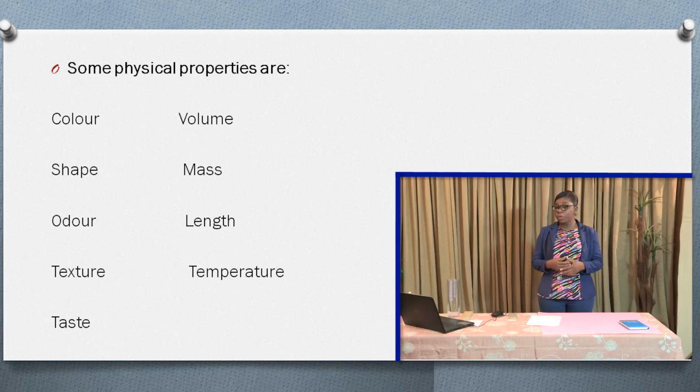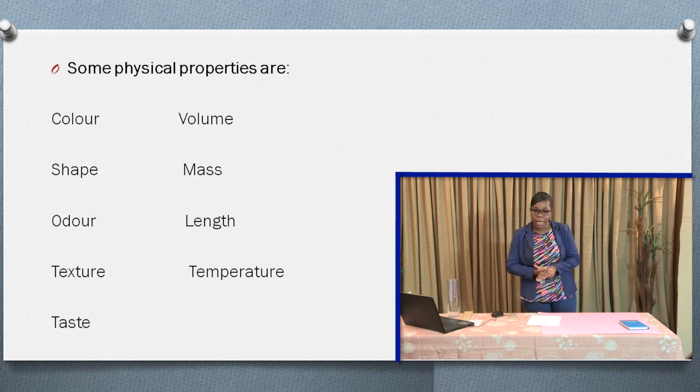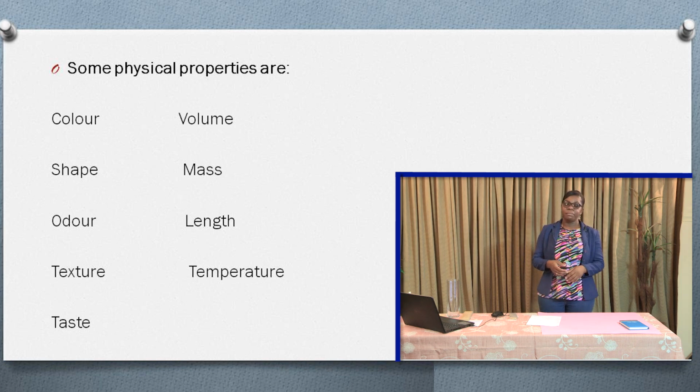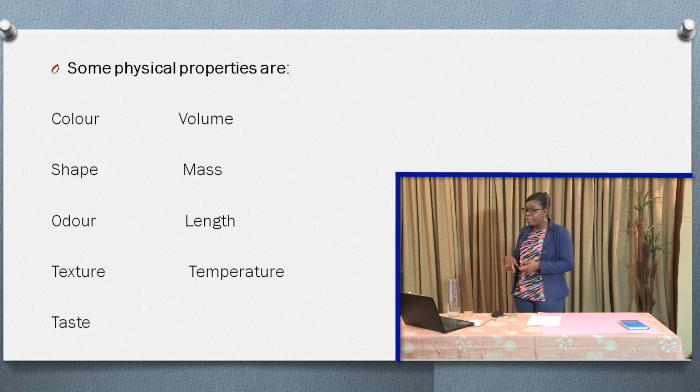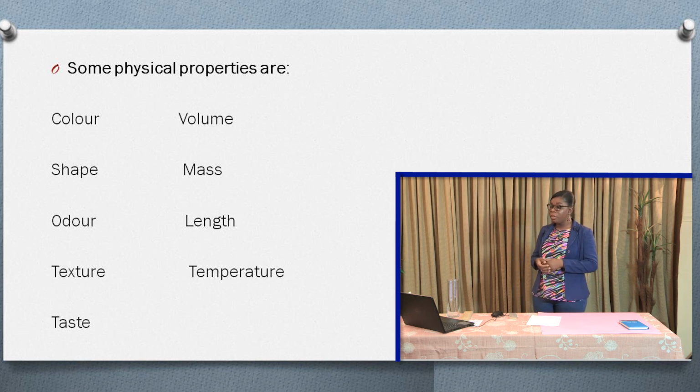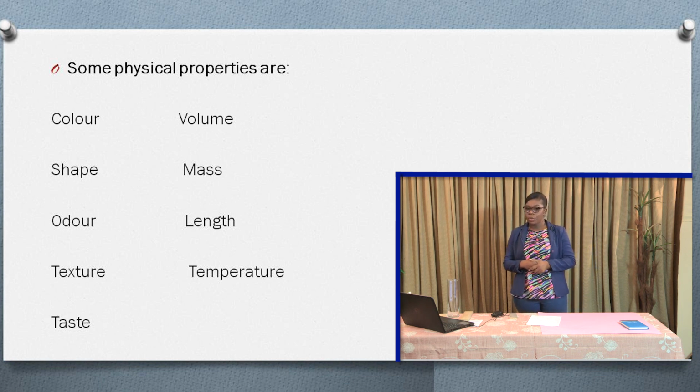So can we go over that? Examples of physical properties of matter are shape, color, texture, odor, taste, volume, mass, temperature, and so on. Are you with me? Good. So let us move on.